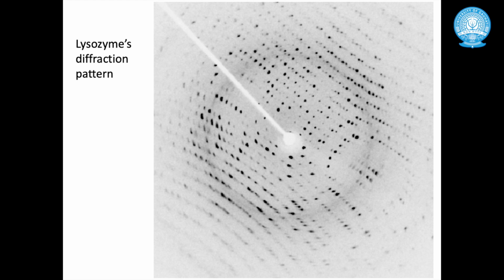When we study covalent bonds, a covalent bond between a carbon atom and a hydrogen atom is around 1.5 or a little above 1.5 angstrom. So when we say the X-ray has a resolution of around 2 angstrom, we are able to look at the level of one covalent bond.